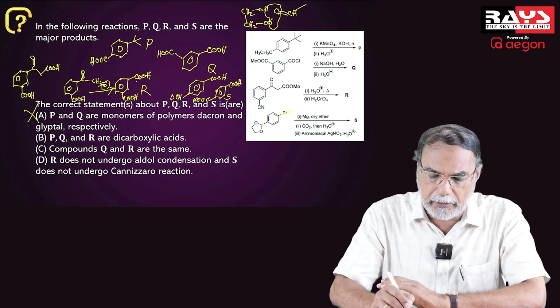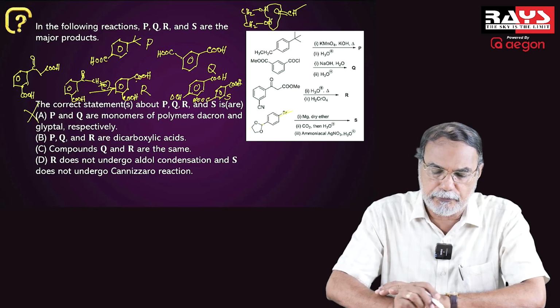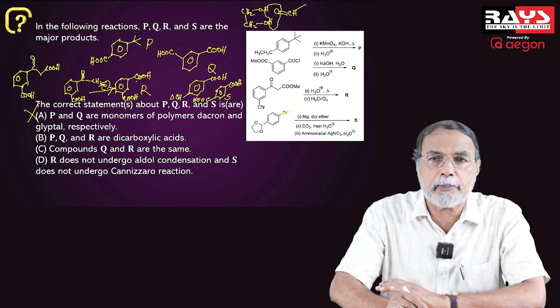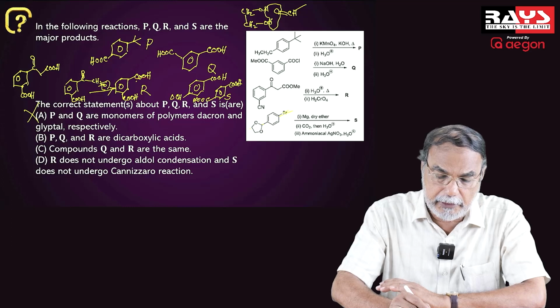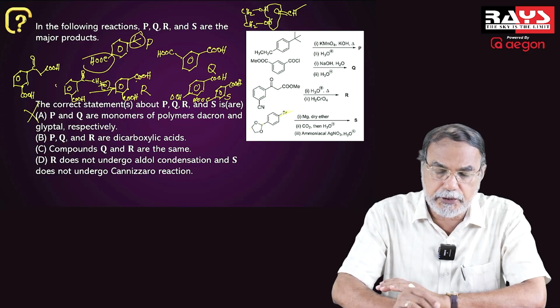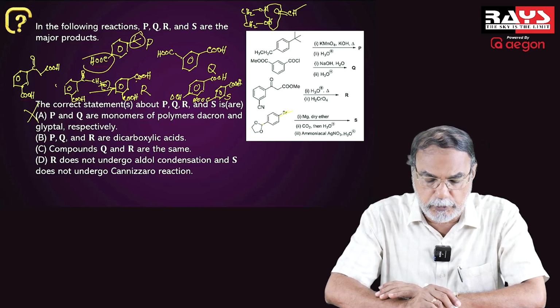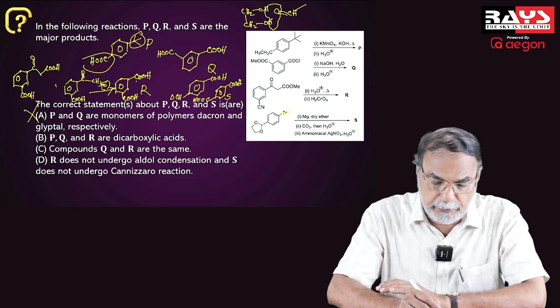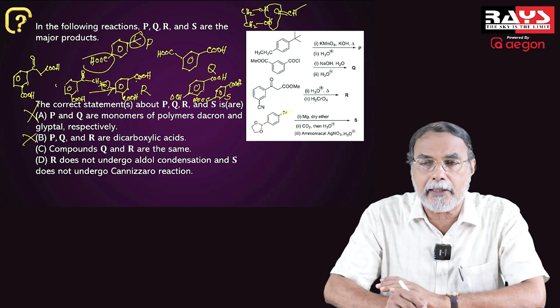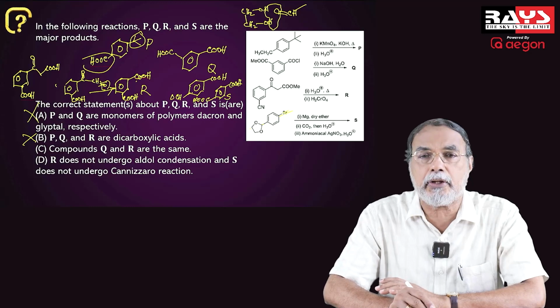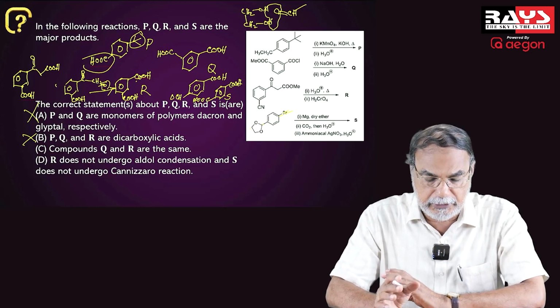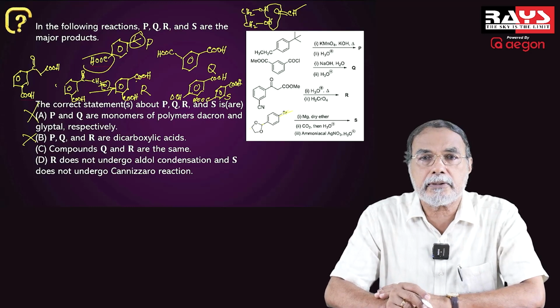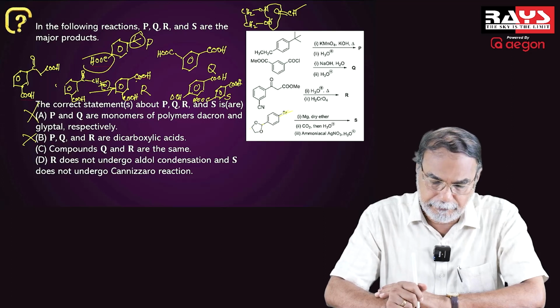P, Q and R are dicarboxylic acids. Of course, P is not a dicarboxylic acid. P contains one carboxyl group and one tertiary butyl group. So it is not a dicarboxylic acid, and therefore statement B is also wrong. Of course, Q and R are dicarboxylic acids, but P is not, and therefore the second statement is not valid.